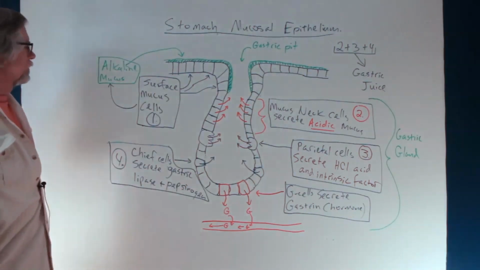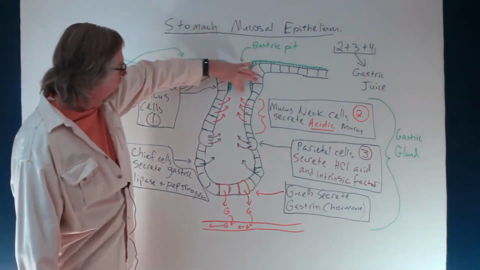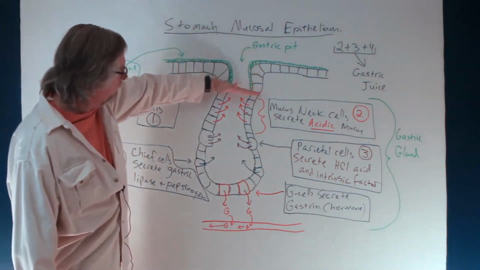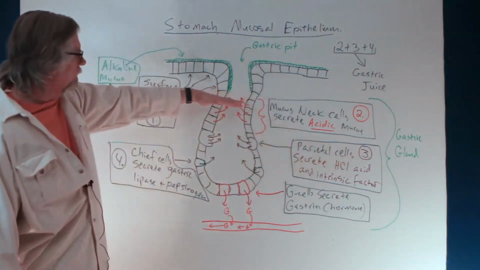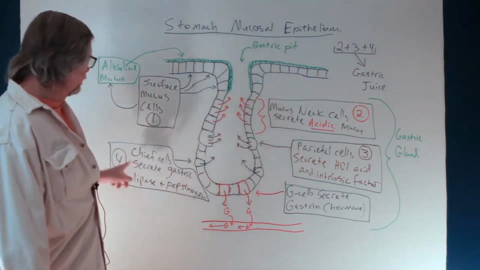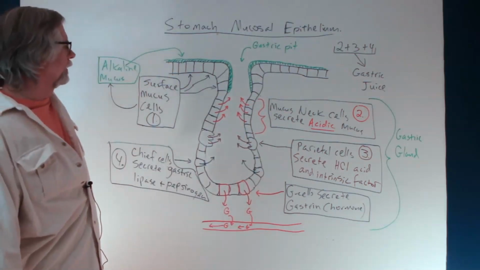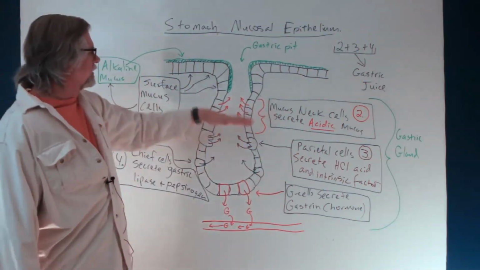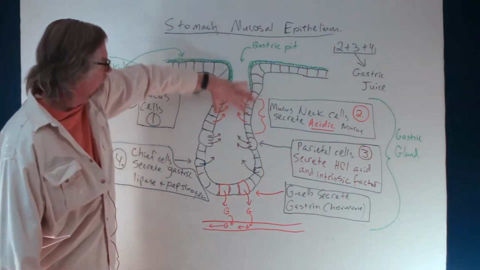Okay? That's one thing. Then as we go deeper into the pit here, now all of these from here down, these are the gastric gland. Okay, so there are different types of cells, and I've listed them 2, 3, 4, and should be 5. So what are these cells doing? The mucous neck cells are the neck, so the deeper part of the neck of this structure.